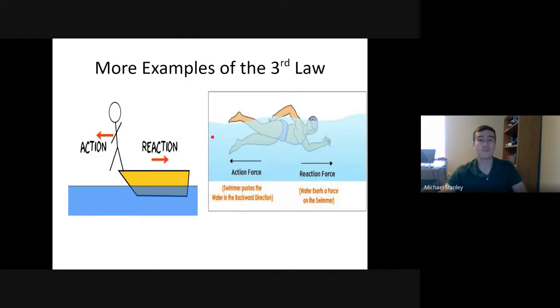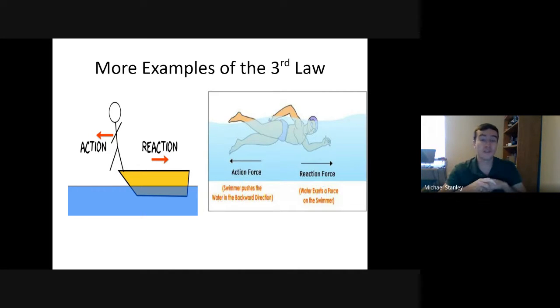Another one of my favorite examples involves if you're ever going to step off of a boat, or think about the skateboard from earlier. If you're standing on the edge of the skateboard and you're going to get off, or you're on a boat and you're getting ready to get off onto land, or you're going to jump into the water, with your foot, you push down on the boat in order to go forward, right? That's how we walk. We put our foot down and then go forward.